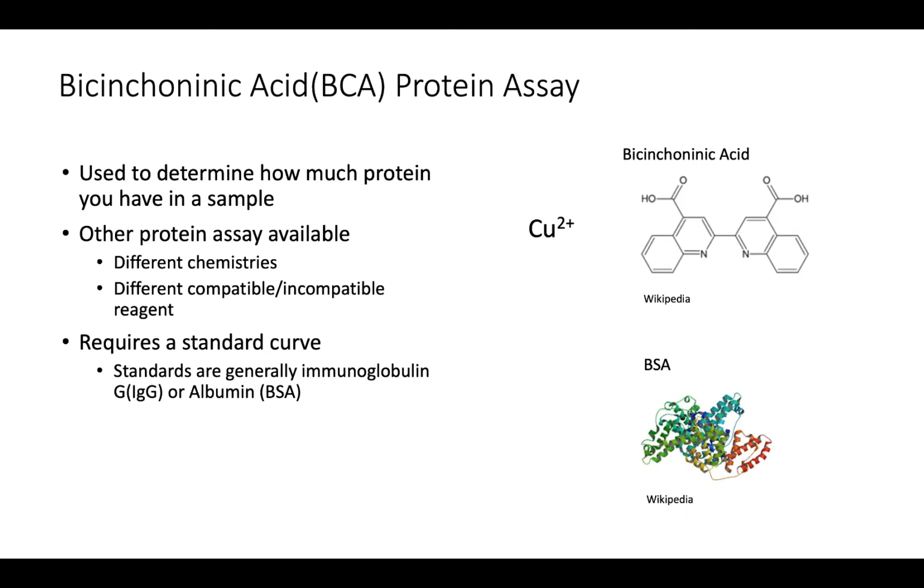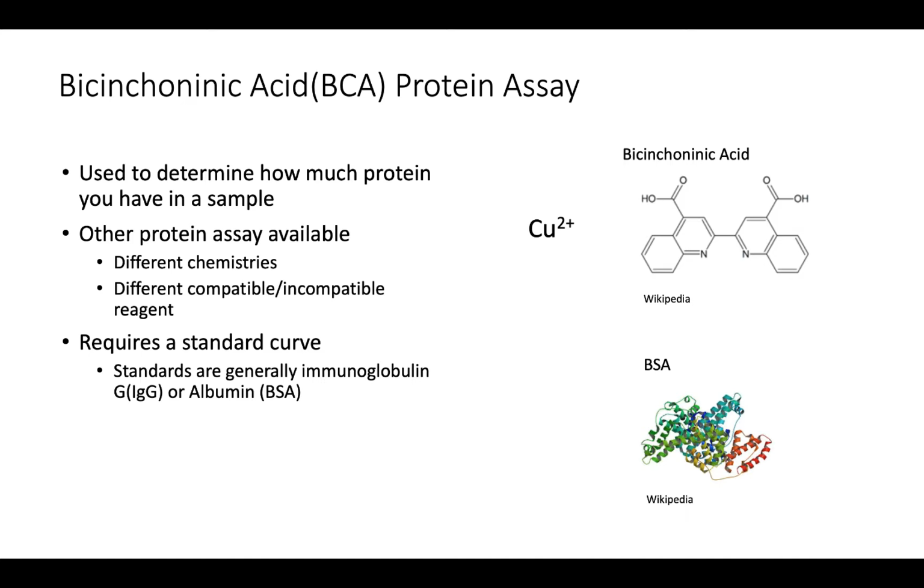Let's now talk about the BCA assay. As I mentioned earlier, this is a protein assay. It measures how much protein you have. A key thing to know about this is it is not specific to a protein. Your activity assay, since your Project 1 using LDH is an enzyme, we're going to be measuring just the reaction that enzyme is catalyzing.